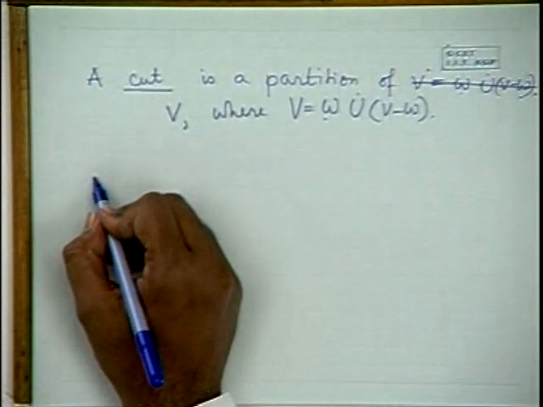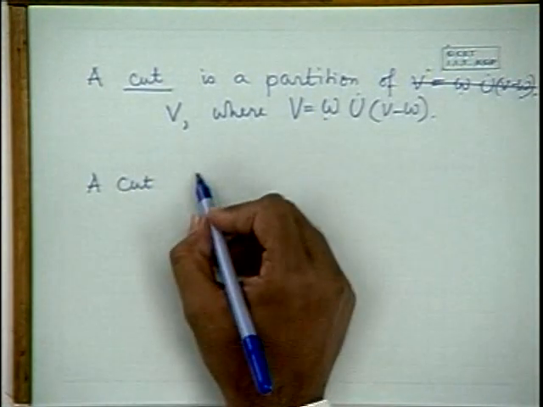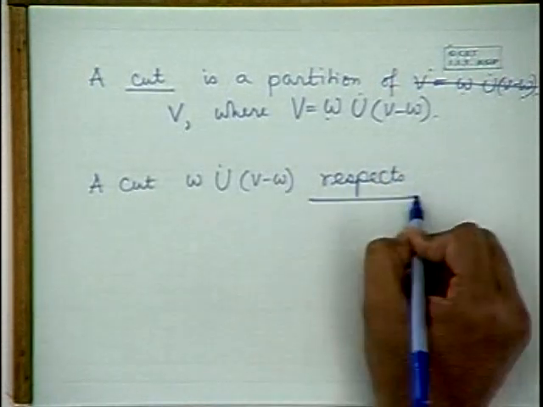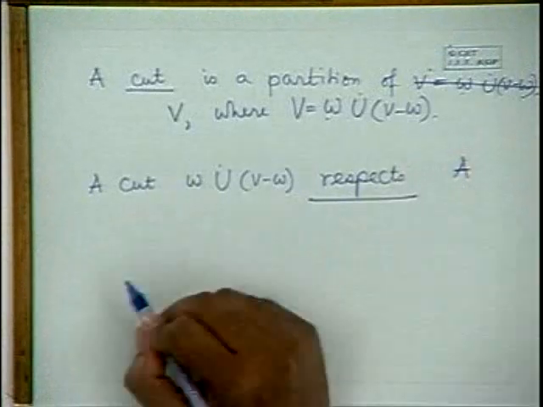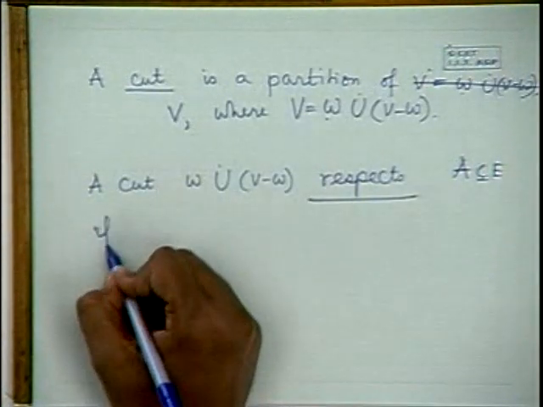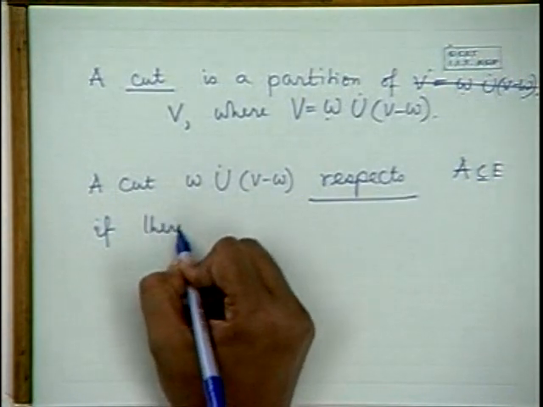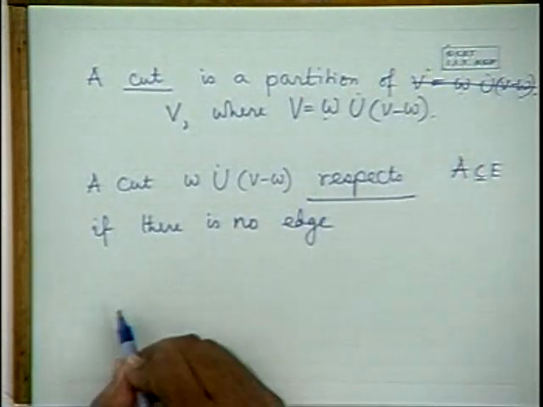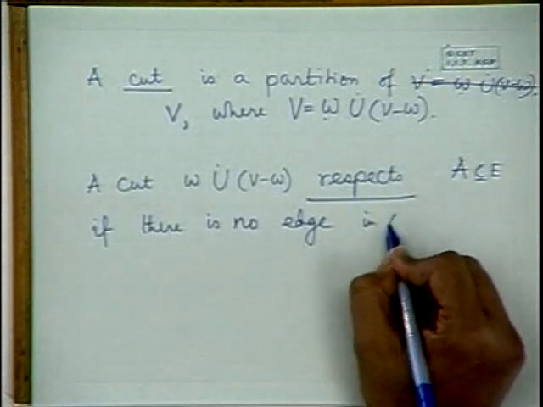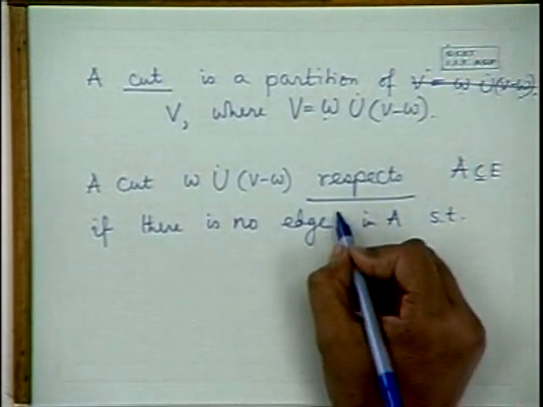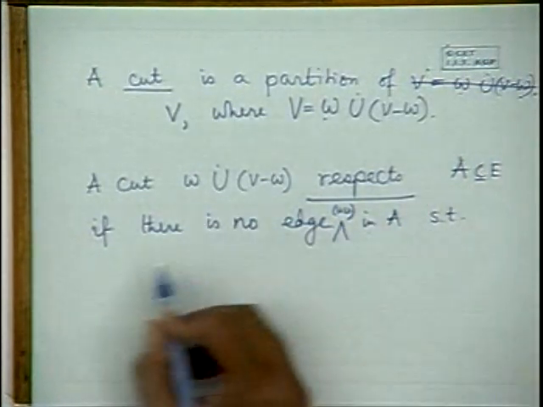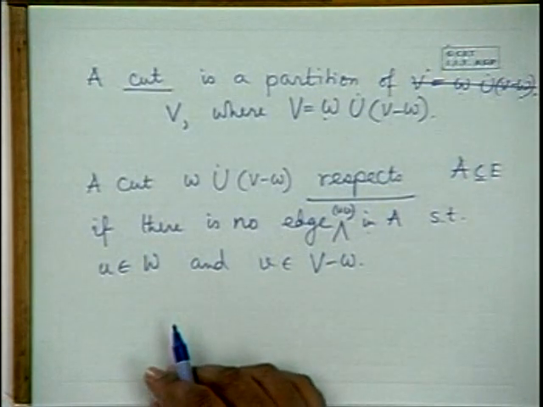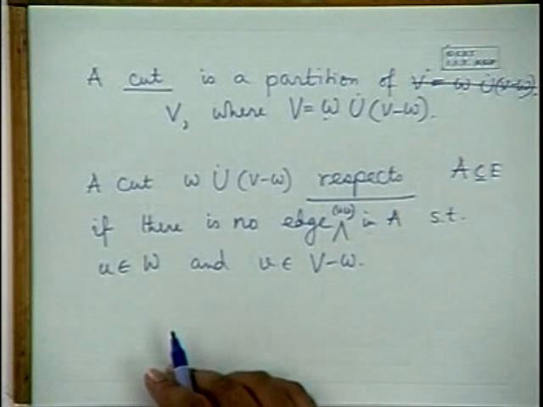Now again another definition. A cut W disjoint union V minus W, we say the cut respects the edge set A if there is no edge UV in A such that U belongs to W and V belongs to V minus W. Then we say the edge set A respects this cut.